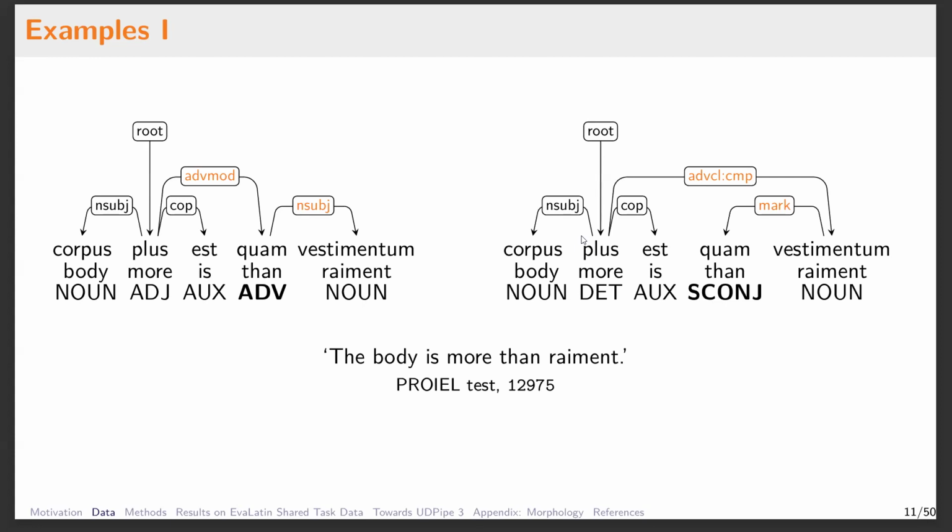Originally, vestimentum was annotated as the subject of an adverb, and the adverb was just an adverb, which is not really correct. So we modified the tree, and now it looks like this. What was an adverb is now a subordinate conjunction and is properly attached as a mark to what is the head of the comparative clause.